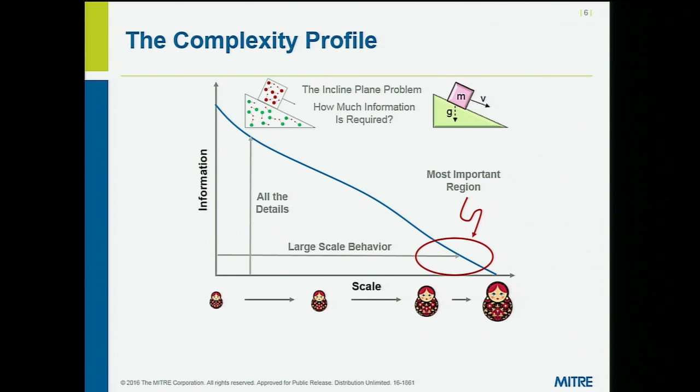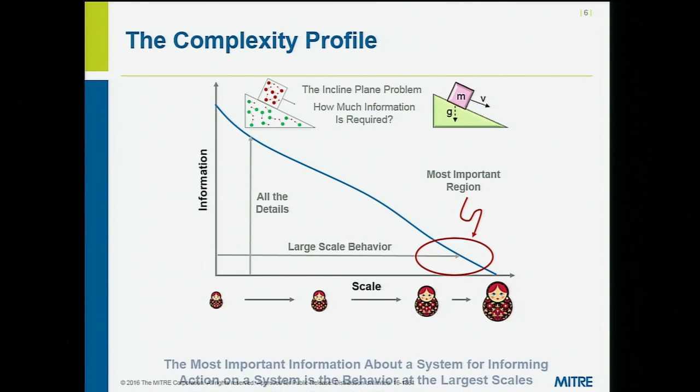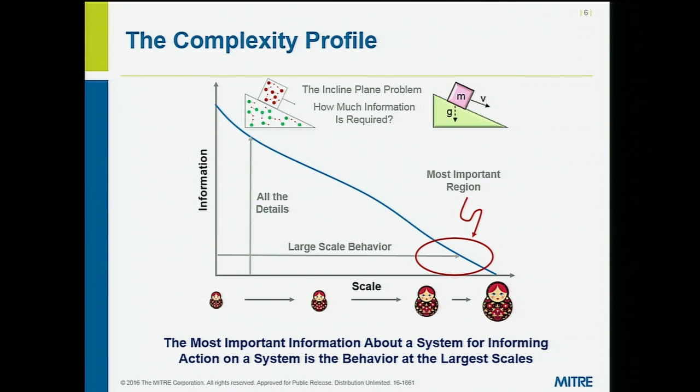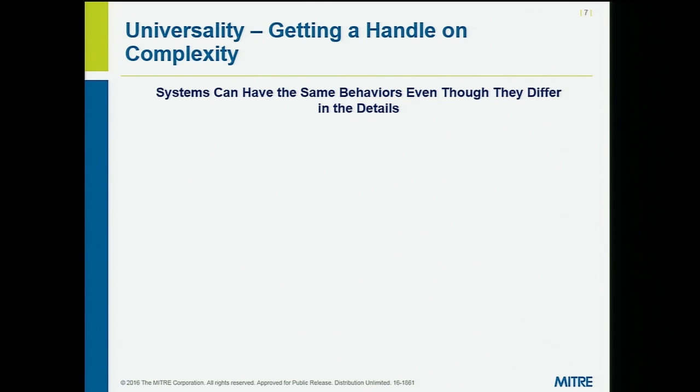You're more interested in what's happening at the macroscopic level. If you are interested in the finer components, then you can slide off. But mostly for our kinds of problems, we're interested mostly in the coarser grained scales. So again, the most important information about a system for informing action on a system is the behavior of that system at the largest scales.